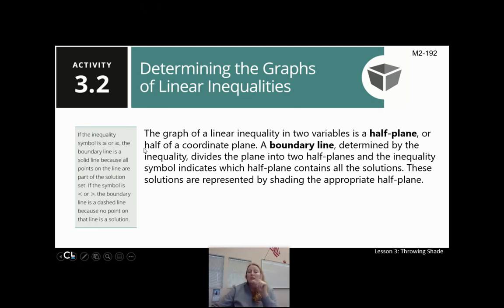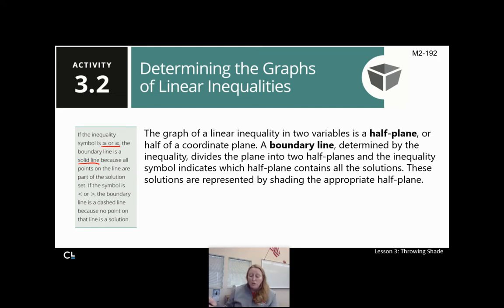Now, I want to point out something very important here, and I hate that they made it in this tiny little box off the side, because it's important. If the inequality symbol is less than or equal to or greater than or equal to, it has that little half of a squashed equal sign down there, the boundary line is solid, okay? Because all the points on the line are part of the solution.